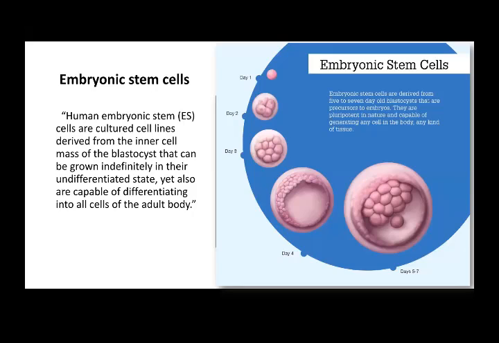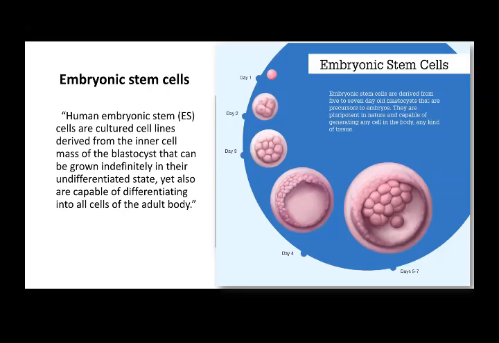Pluripotent adult stem cells are rare, and they're generally small in number, but can be found in a number of tissues, including umbilical cord, umbilical cord blood, sorry. Most adult stem cells are lineage restricted, and they don't have multiple lineages that they could transform into, and are generally referred to by their tissue origin.